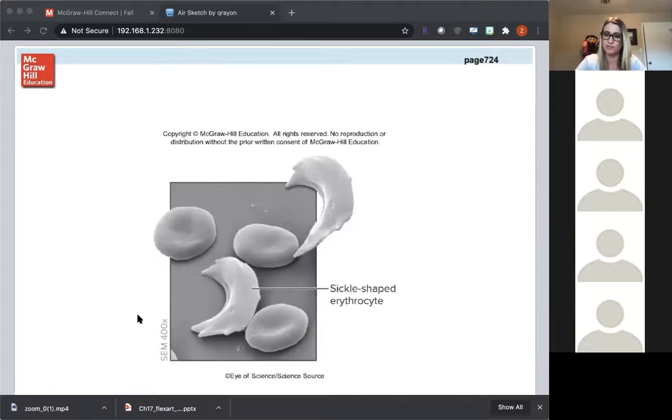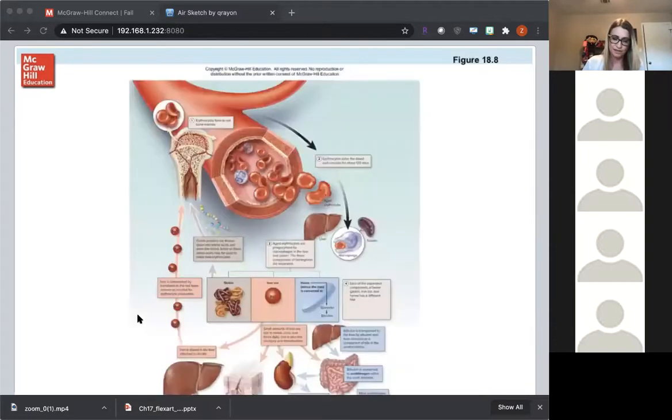So people have these things known as crises, and it's not very pleasant if you have full-blown sickle cell anemia. We'll revisit sickle cell in the genetics section, because it's an example of codominance if you are heterozygous for this trait, if one parent gives you sickle cell and the other parent gives you regular hemoglobin.